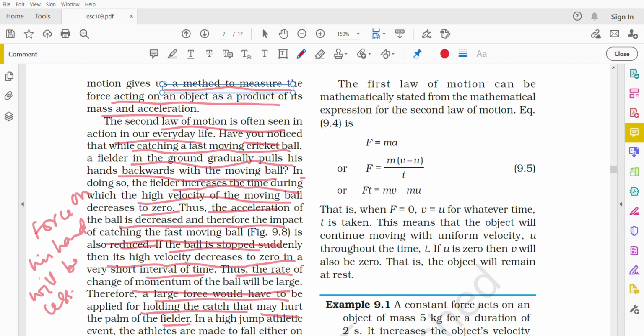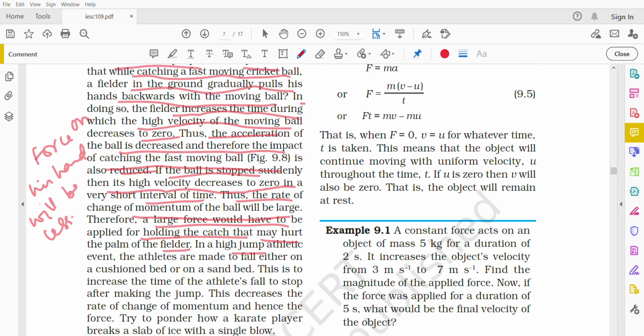In a high jump as well, we dig the sand and use a cushioned bed. Why? So that when you fall on that place, the time is increased. When the time increases, the rate of change of momentum decreases, and hence the force will be less, so that you get less hurt.